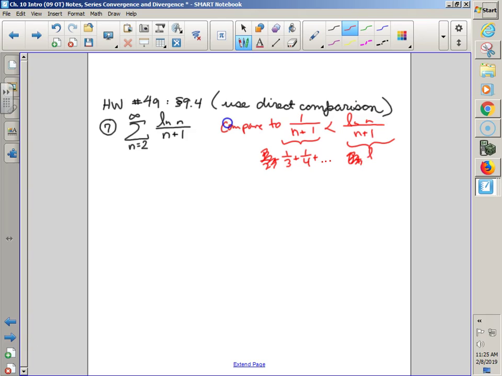So ln of 2 over 2 plus 1 is 3. ln of 3 all over 3 plus 1 is 4, plus... calculator time. What's ln of 2 over 3? E is 2.71828 and it hits at 1. I might not know ln of 2, but I sure know that it's somewhere in between 0 and 1.